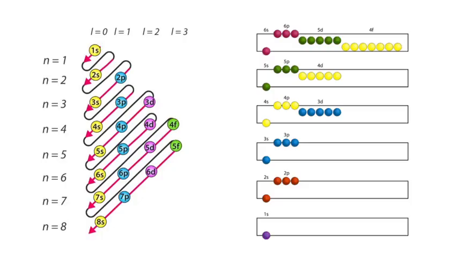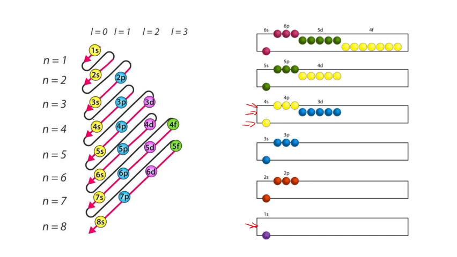Here's another representation of it. On this side over here, it's showing from bottom to top what order they fill in, all the way from your 1s, 2s, 2p, 3s, 3p, 4s, 3d, 4p.